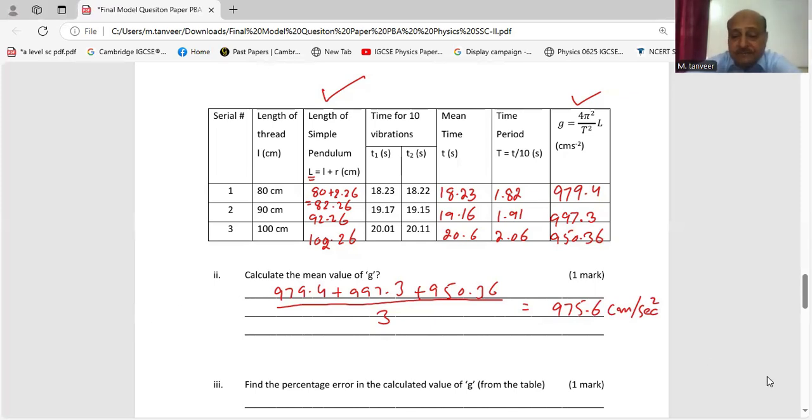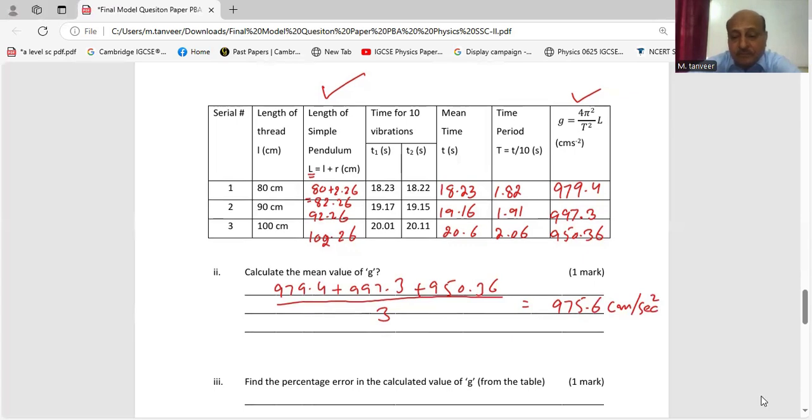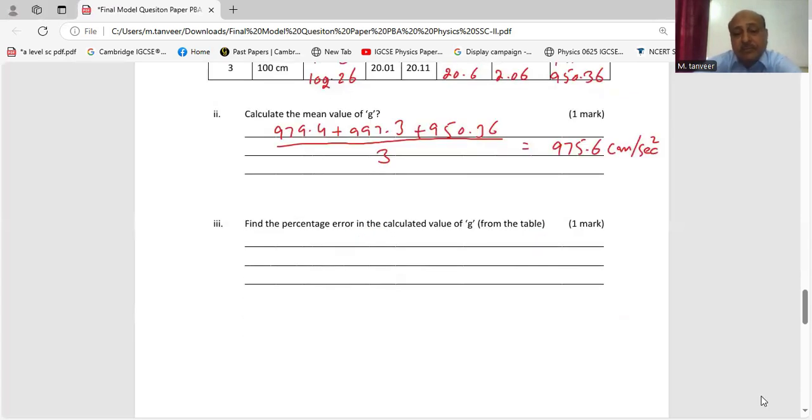Next is to calculate the percentage error in the calculated value of g. How can you calculate the percentage error? The formula for finding the percentage error is measured value minus true value divided by true value.